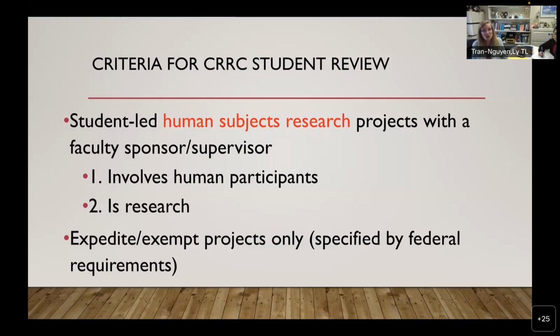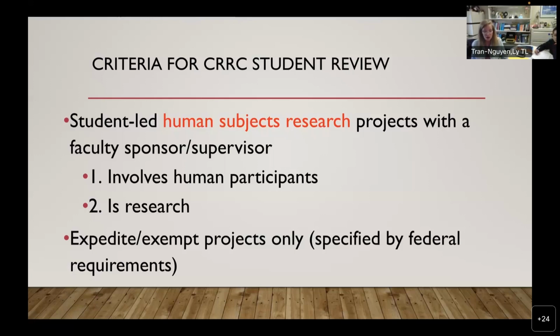But most of our projects that we review meet the criteria that in order for it to be exempt, it has to use survey procedures in which participants cannot be identified. So if the participant responses are anonymous, it meets that criteria. And if any disclosure were to occur, there would be no reasonable risk to the participants. That is almost all the projects that I review.